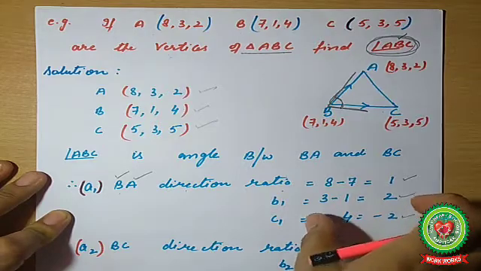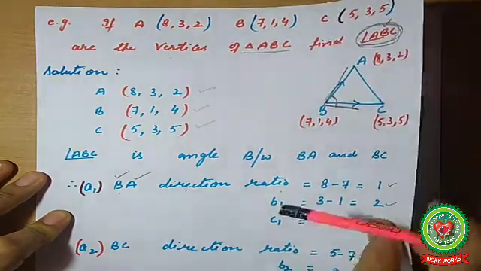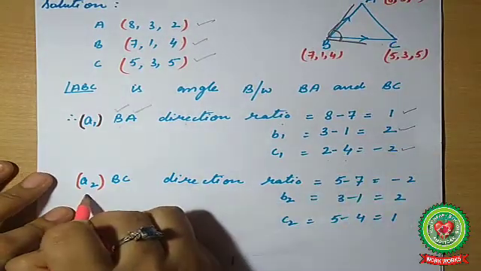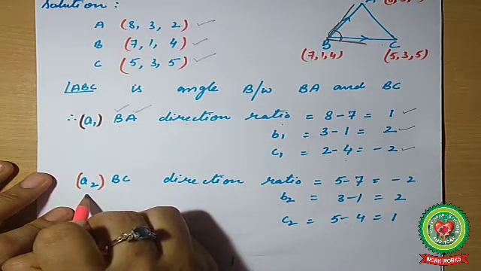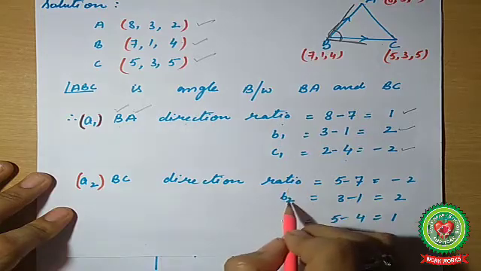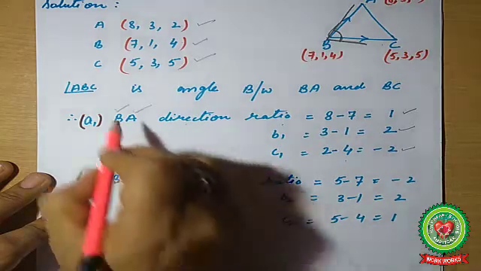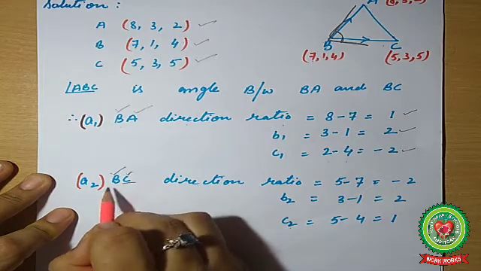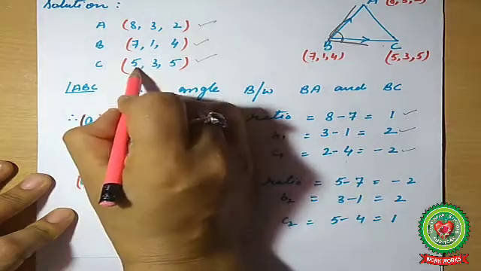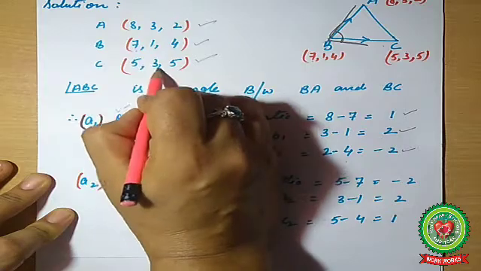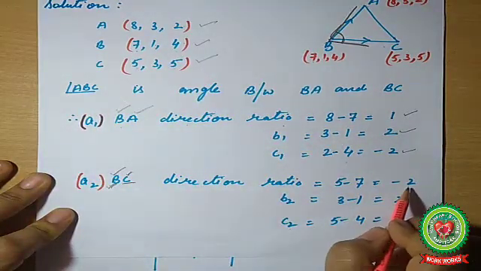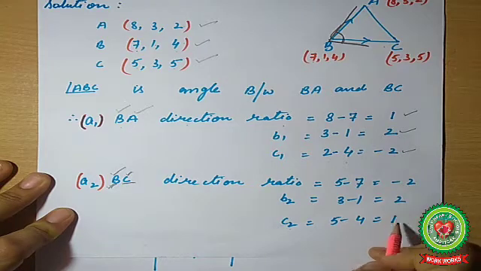In the same way, to find the second direction ratio, a2, b2, c2 for BC, first we write point C, then point B: 5 minus 7, 3 minus 1, 5 minus 4, which equals minus 2, 2 and 1.